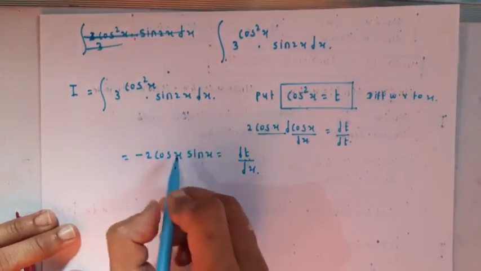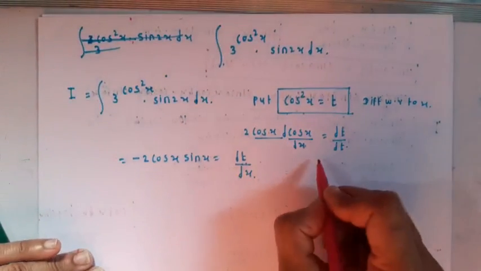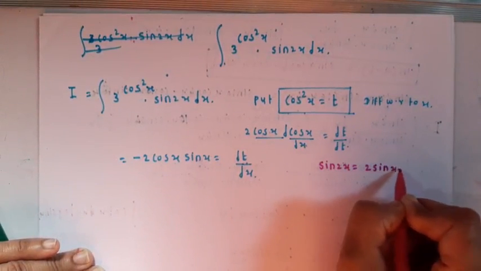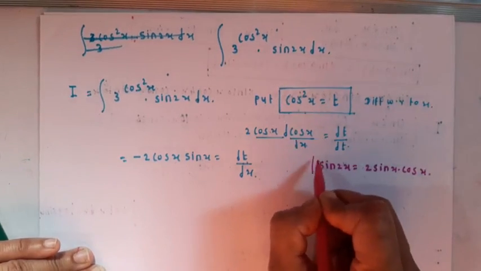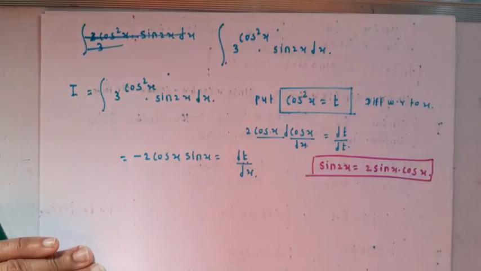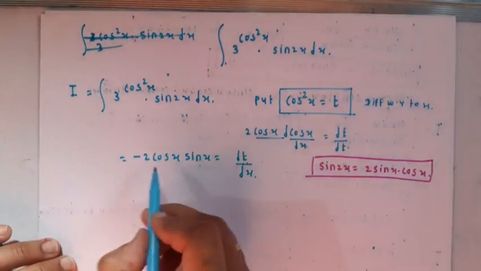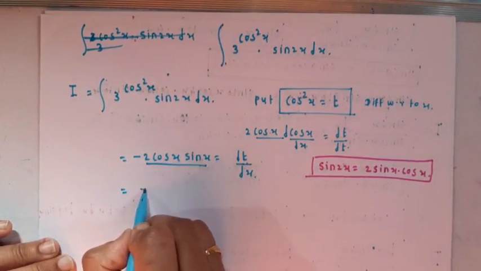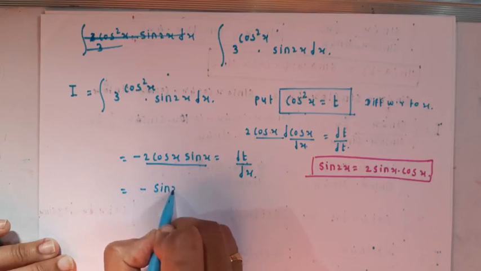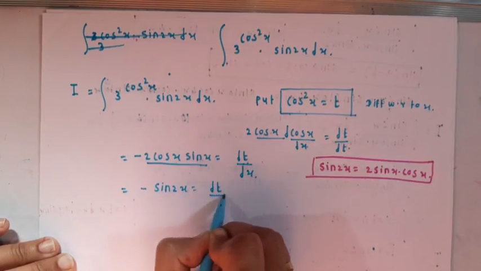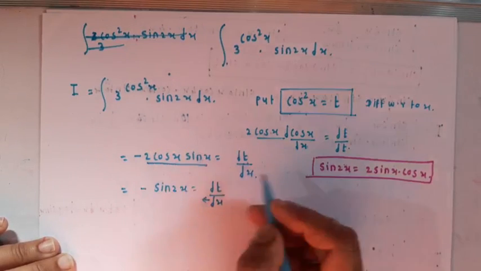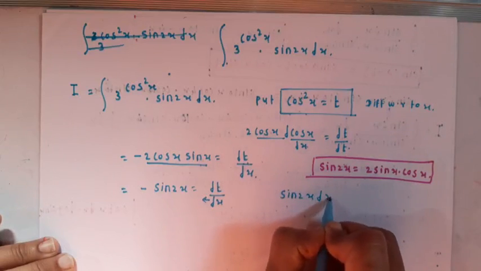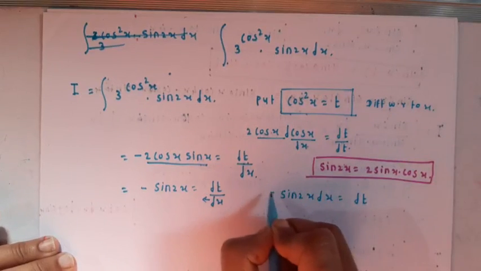We know the formula for sine of 2x is 2 sin x into cos x. So minus sine of 2x equal to dt by dx. Now shift this dx to that side, we will get minus sine of 2x dx equal to dt.